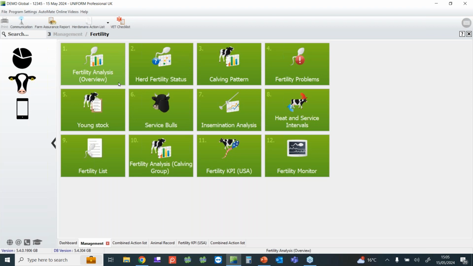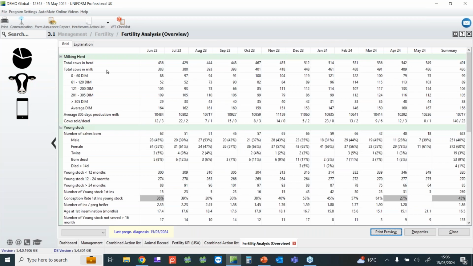So the first one is the overview. This looks at the entire herd, young stock and cows, over a period of time. We start off per month with the number of cows that were in milk. We can look at the average 305 production, how many cows were sold or died. We then start looking at the young stock, and we can break it down, for example, the number of inseminations to get them pregnant, age at first insemination.